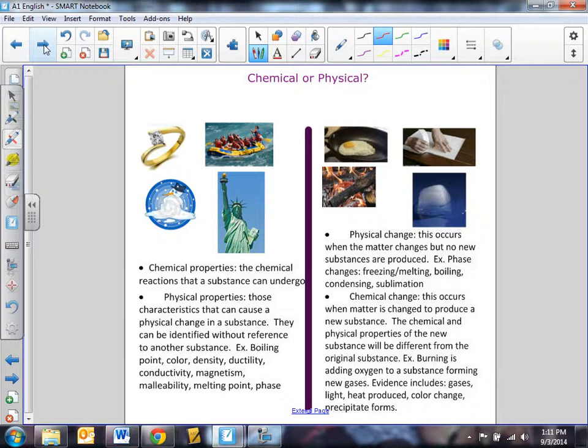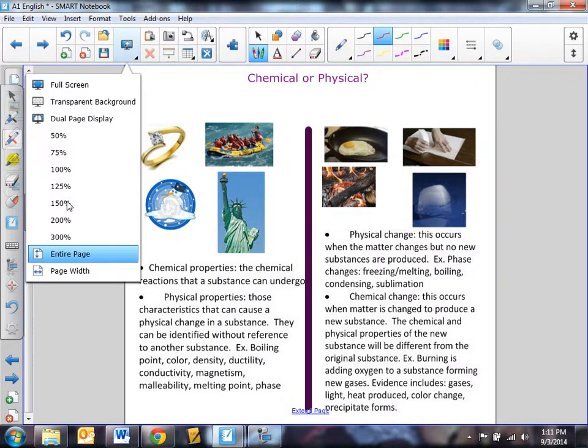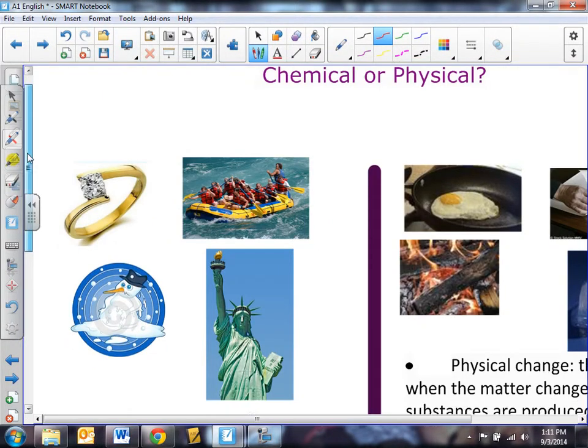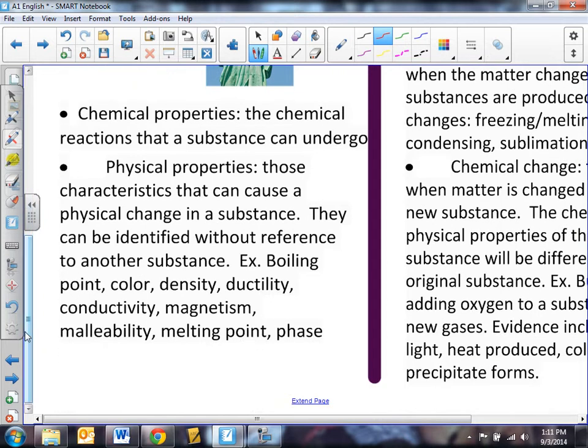So we're going to talk about things being chemical or things being physical. And I'm just going to enlarge one side at a time so that you can see it better. The first thing that we're going to talk about are chemical and physical properties. So if I were to talk about any chemical substance at all, and I wanted to describe it, that's what a property is.